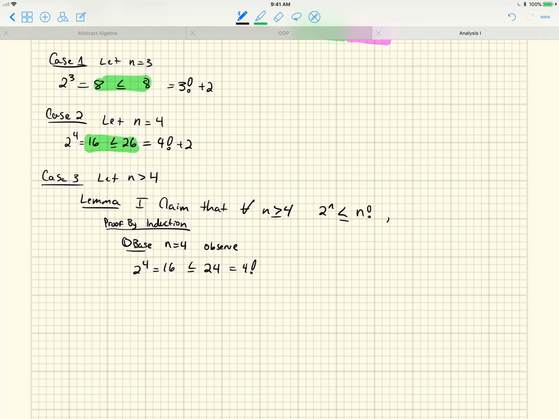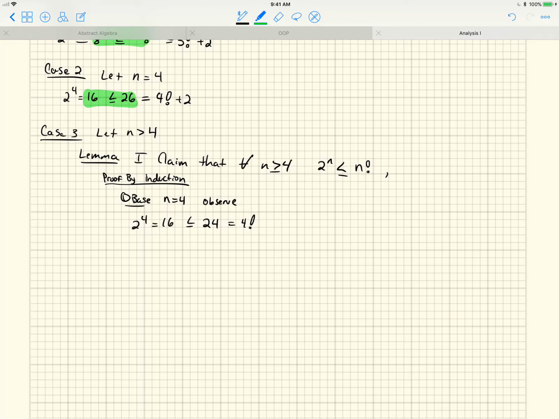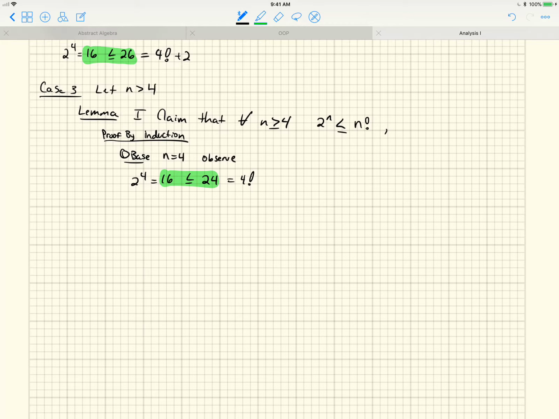Okay? So this base case is true, so I've established that my first number in the sequence makes the statement true. If I label this statement proposition A, A(4) is true. Right? So that's good.